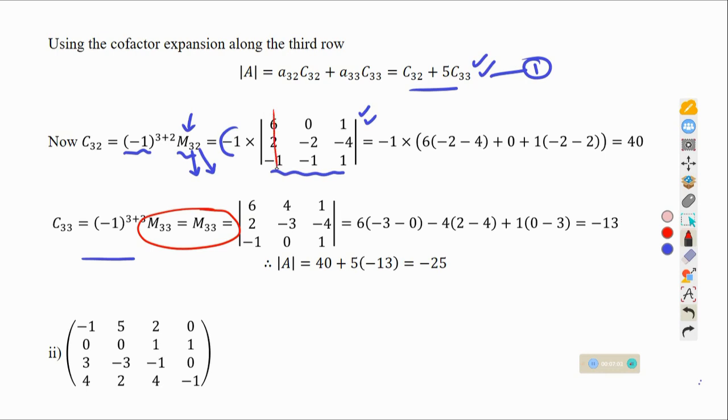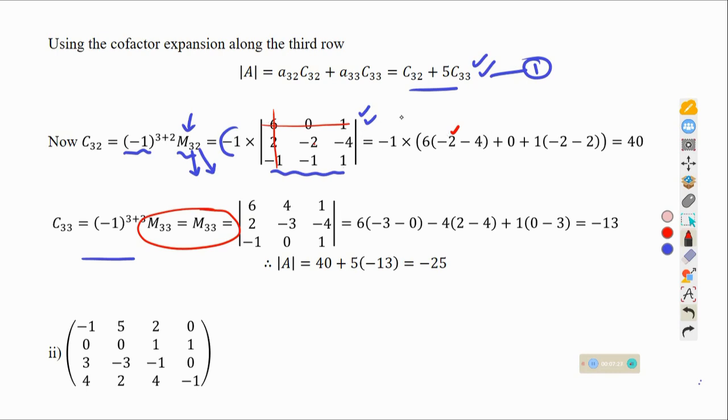When we remove this one and this, we shall remain with the determinant of this. So that is negative 2 times 1 minus negative 2 times 1, which is negative 2. Then minus negative 1 times negative 1, of course it will be positive, so it will be minus 4. So that is what we shall get here.